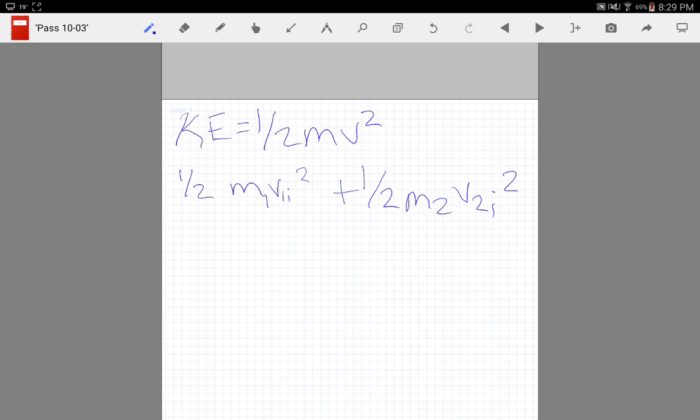Basically, we're looking at the total kinetic energy of the two cars in the beginning. If we were discussing an elastic collision, the total kinetic energy between car 1 and car 2 in the beginning would equal the total kinetic energy between car 1 and car 2 in the end. Since we're inelastic, we know that it's not conserved. Okay. Yeah.